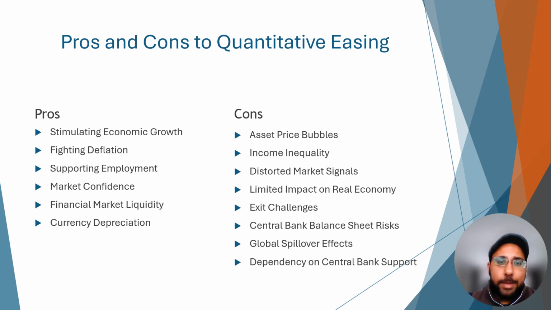You can have income inequality. Okay, so QE tends to be disproportionate in its outlook. It benefits those who own financial assets such as stocks and real estate, as these asset prices tend to rise with increased liquidity.